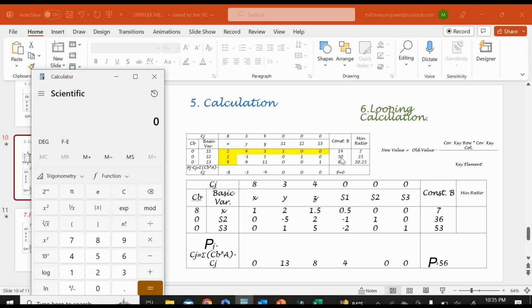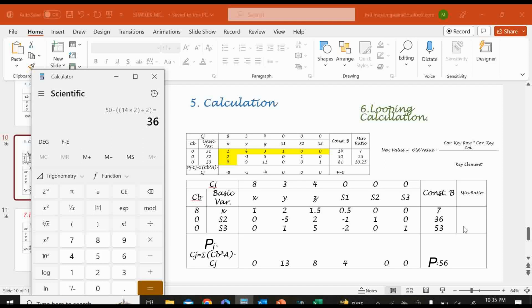Okay, we can check another. So let us check the value of 50. So 50 minus 14 multiply 2, key row and key column value corresponding, divided by key element 2, equal to 36. Okay, so you can check all the stuff by doing calculation.